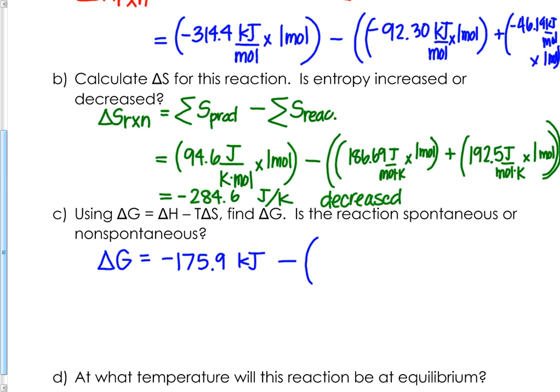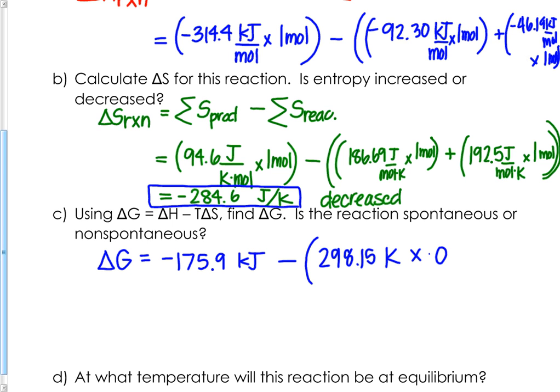Since we were using standard state values, the temperature here we want to use is 298, technically 298.15 Kelvin. And then we're going to multiply that by delta S. I just want to make sure you see, though, that delta S has a label of joules per Kelvin. All of my other measurements are in kilojoules. So I'm going to need to convert the joules to kilojoules, and to do that, I'm going to simply divide by 1,000.